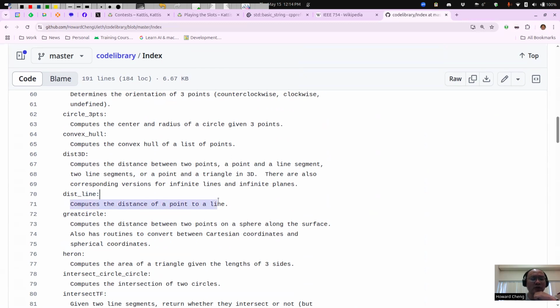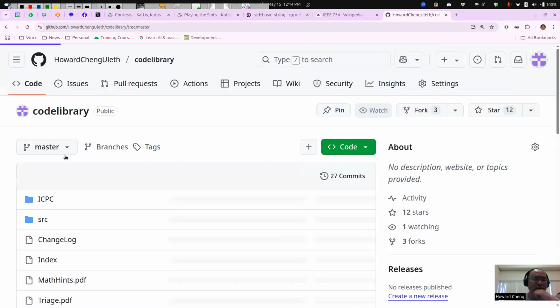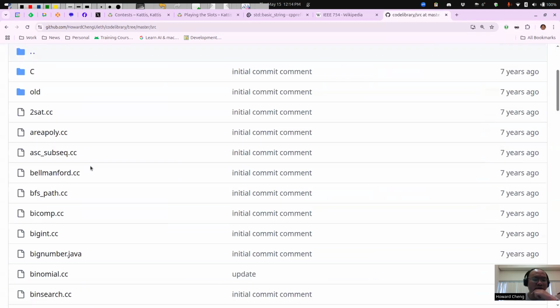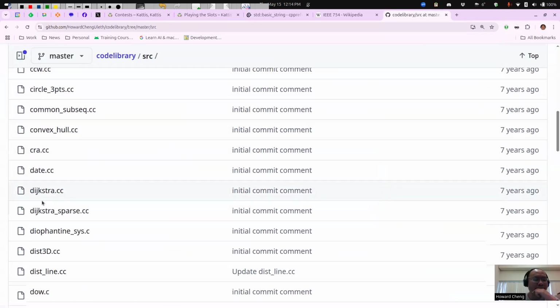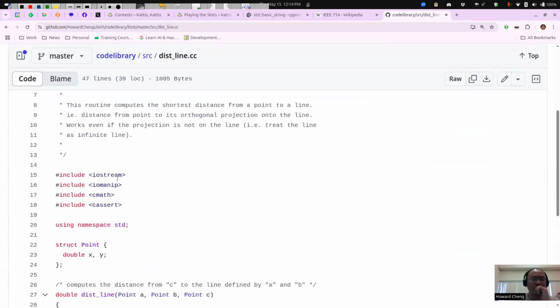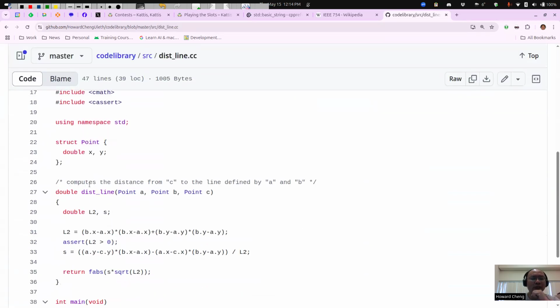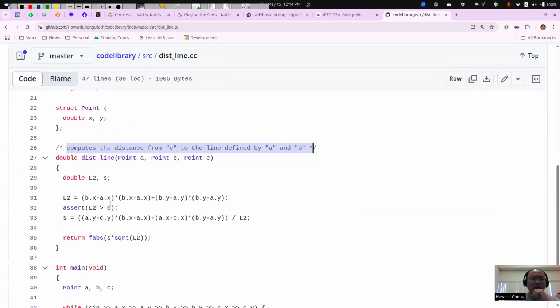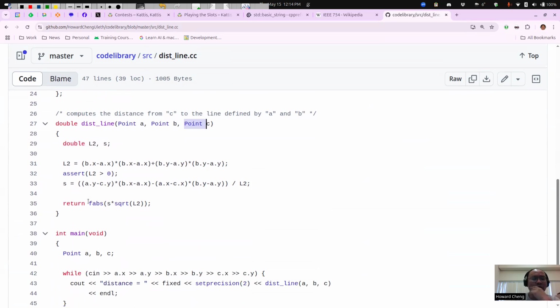Compute the distance of a point to a line, which is exactly what we need. So you go and look this up. It's already implemented for you. It computes the distance from C to the line defined by A and B. So you give your A and B for the line and point C, and then this code does it.